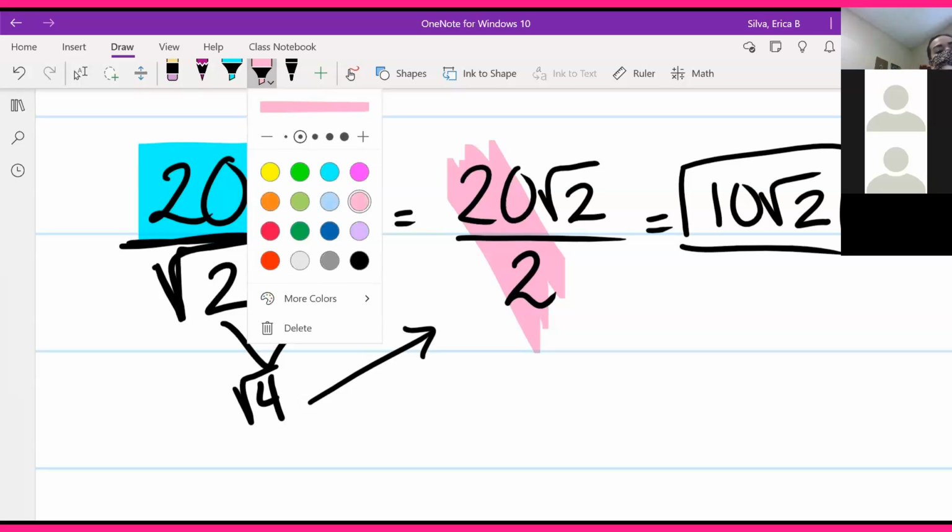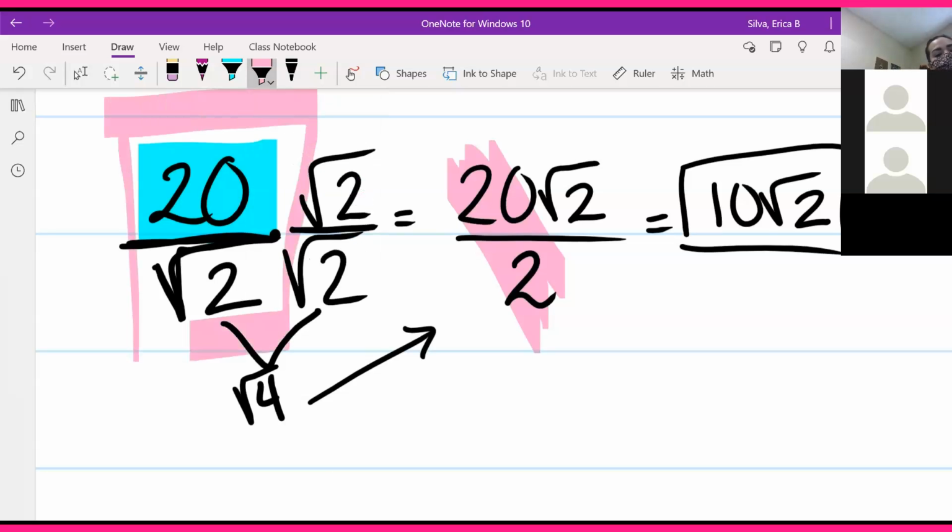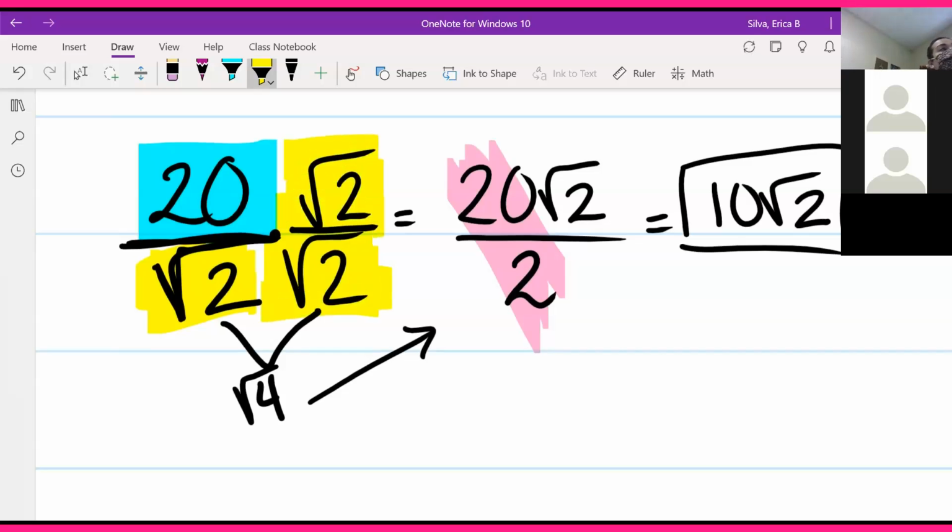Okay, so do you get what happened in this step? We just divided by the square root of 2. We need to rationalize the denominator. Remember, we can't have a square root in the denominator. So the way we practiced was that we multiplied times square root of 2, the bottom number and the top number.